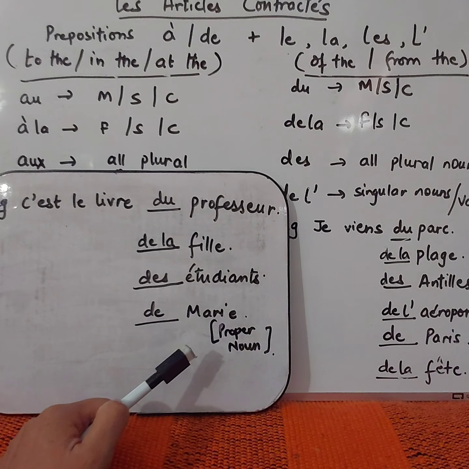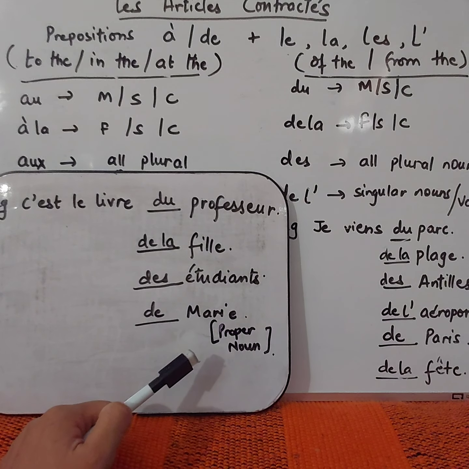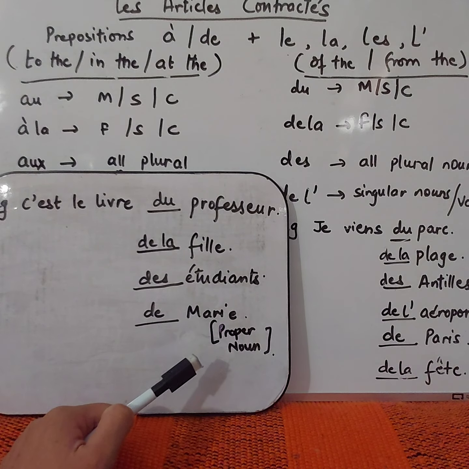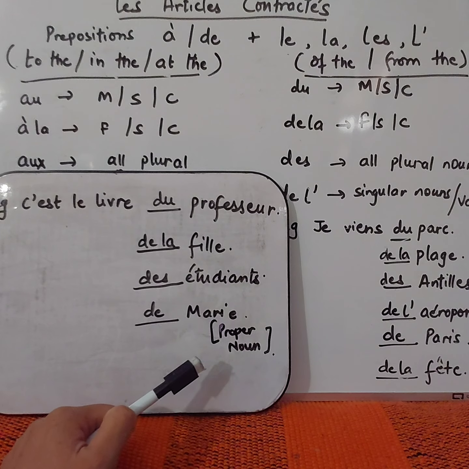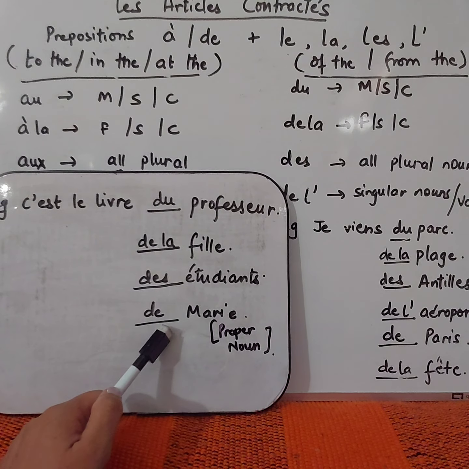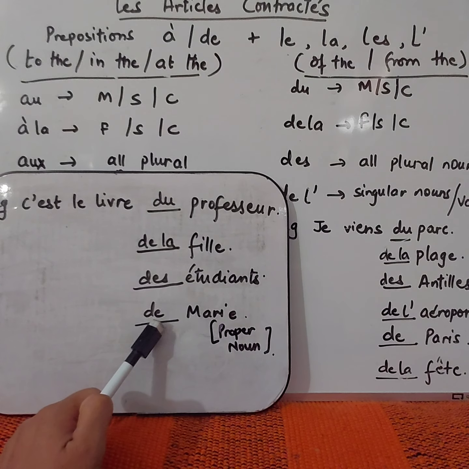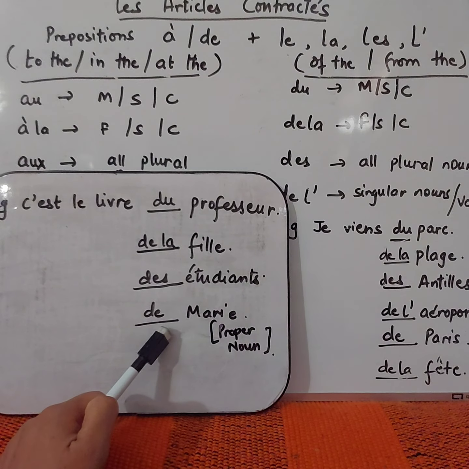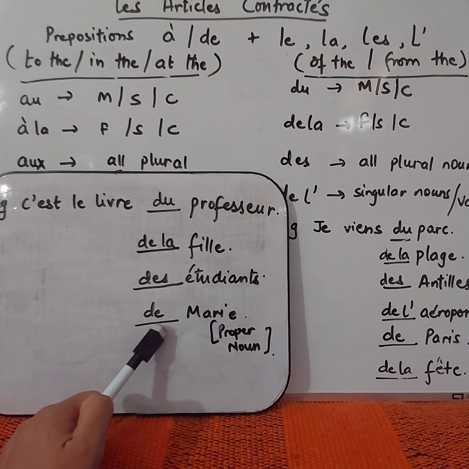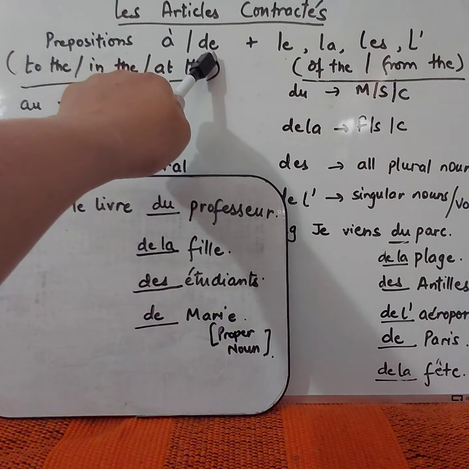Before the names of persons, Marie, Paul, Catherine, Caroline, Nicola, any name it is, right? We will never write the definite article before it. That is, we will always write the preposition, only the preposition, okay? So the preposition is what? Preposition is de, right?